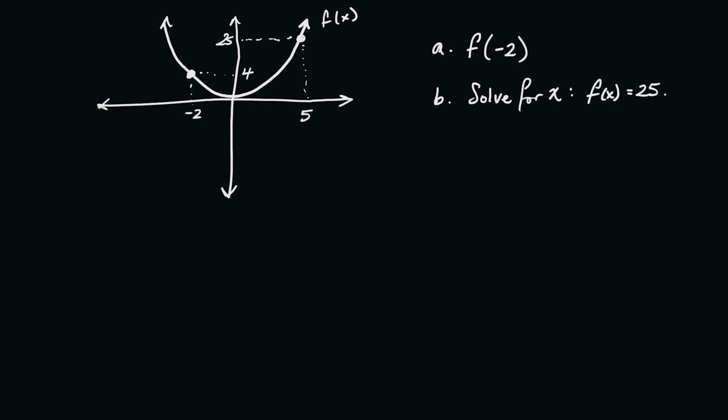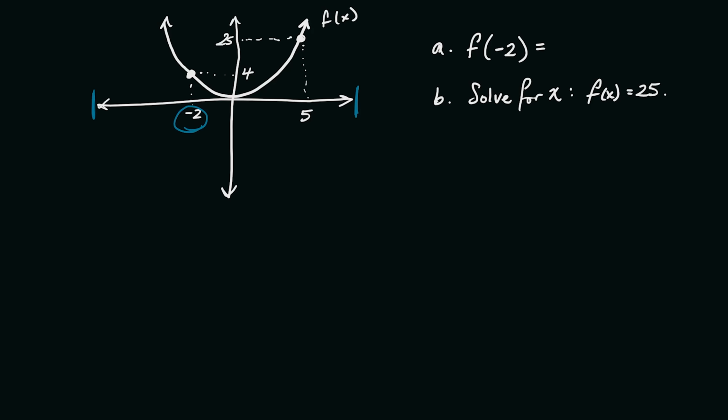Alright, so hopefully you just looked at it and tried to solve it out. So f of negative 2: we know that negative 2 is the input here, so it's x. We're going to look at this x-axis right here, and I see a negative 2 here.